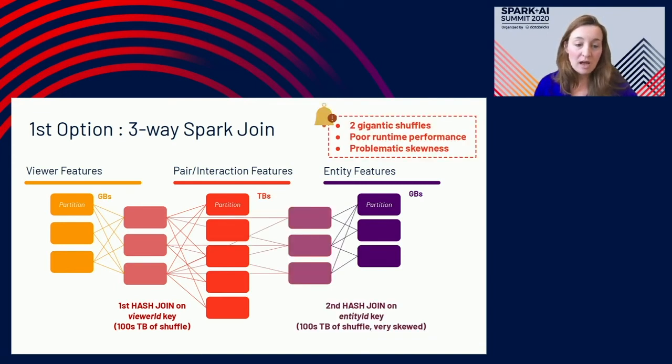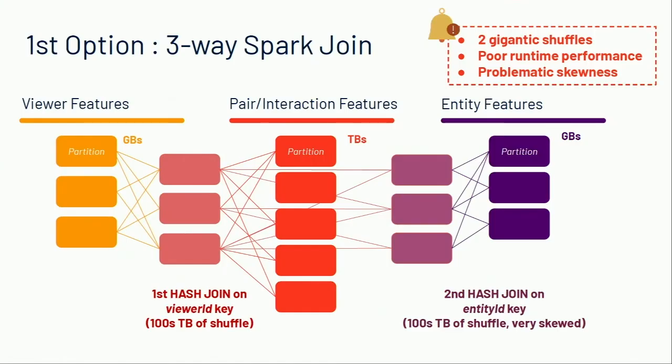And once you have this first intermediate table, then you would also need to apply a second join with the entity features, this time using the entity ID key. And this, again, generates hundreds of terabytes of shuffle. And on top of that, this join is very skewed because some entities are recommended more often to viewers, for example, the popular entities. And so this creates a lot of skewness and some tasks running longer than others.